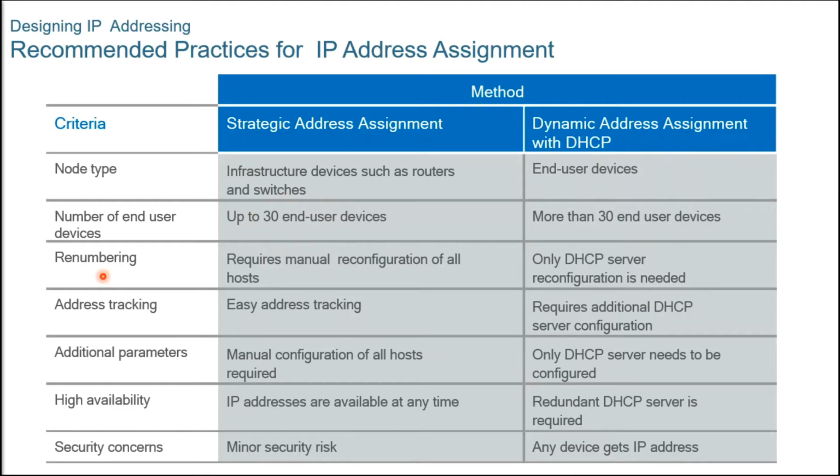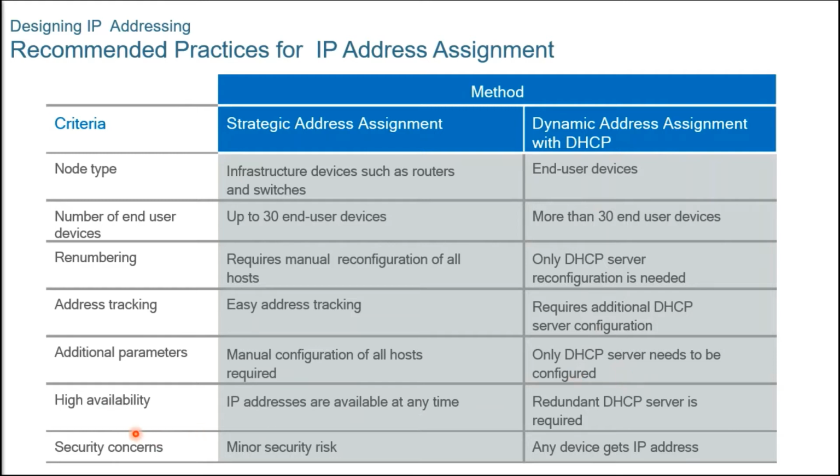Now, renumbering criteria: static requires manual reconfiguration for all the hosts, whereas for DHCP, only the DHCP server reconfiguration is needed. Address tracking is easy for static, whereas for dynamic, it requires additional DHCP server configuration. Additional parameters: manual configuration of all hosts is required, whereas for DHCP, only the DHCP server needs to be configured.